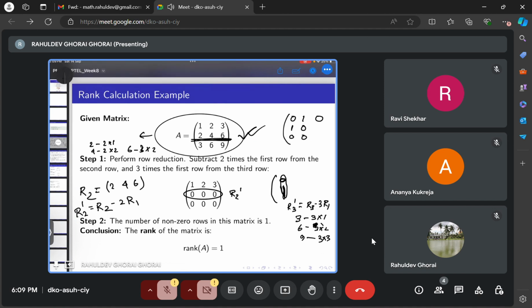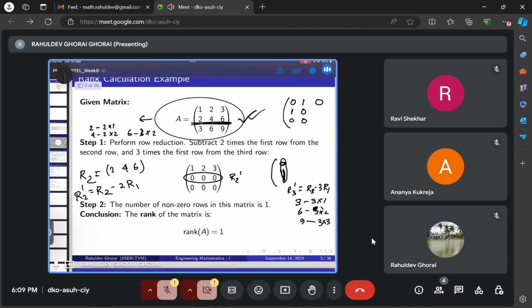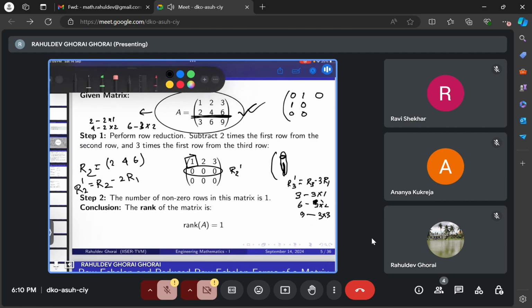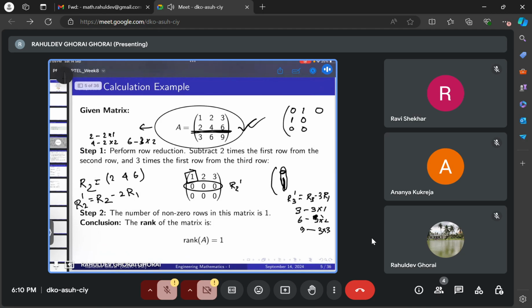And you see, whatever I told, when you have the first non-zero entry, we don't really bother about the second non-zero entries. That you don't need to check. But when the first non-zero entry is 1, the two entries below are 0 0, right? That type of form is called row echelon form.